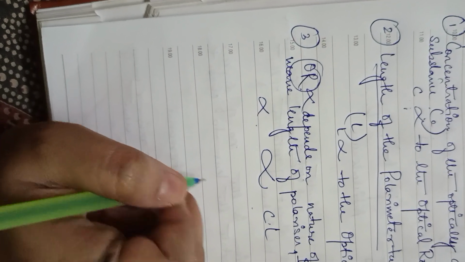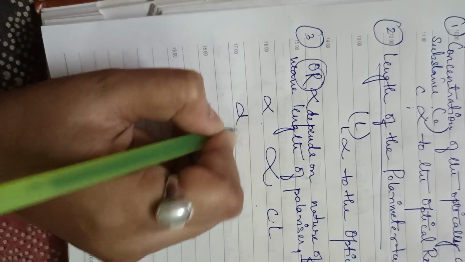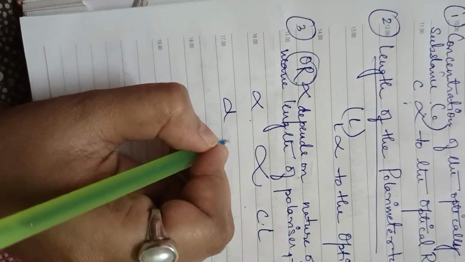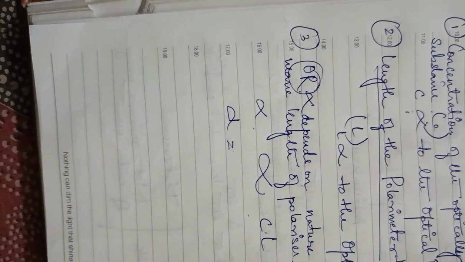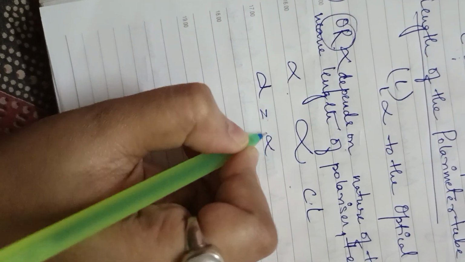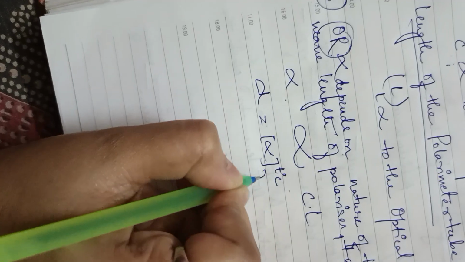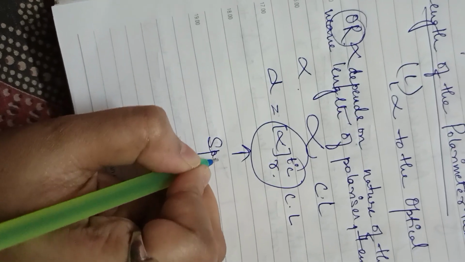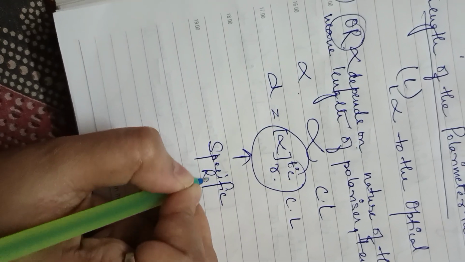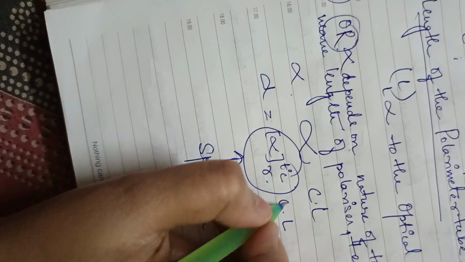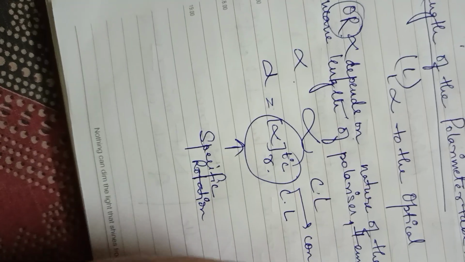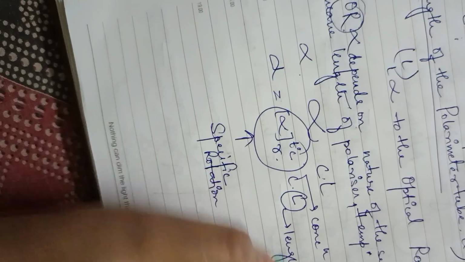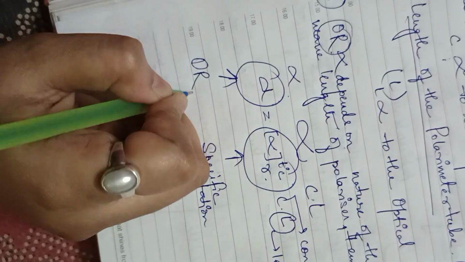Now, we will introduce a constant here. This is the constant, with C into L. This is your specific rotation. This is the concentration of the optically active substance. This is the length of the polarimeter tube. And this is your optical rotation.